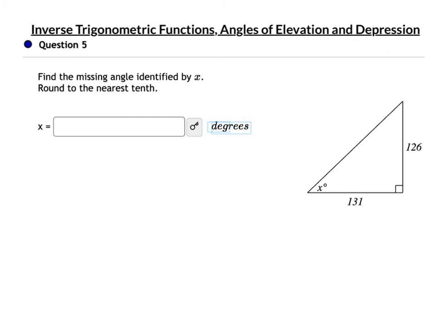Question 5. Again, we're looking for an angle. That tells us we're going to use the inverse function. SOHCAHTOA. This is the opposite, 126. This is the adjacent. The hypotenuse is right here, but we have nothing there, so it looks like it's an opposite over adjacent, which is tangent.